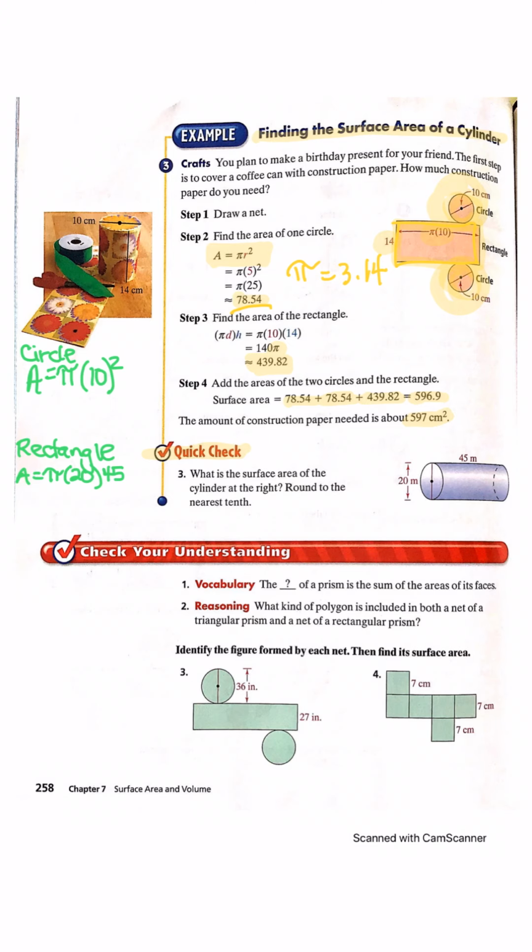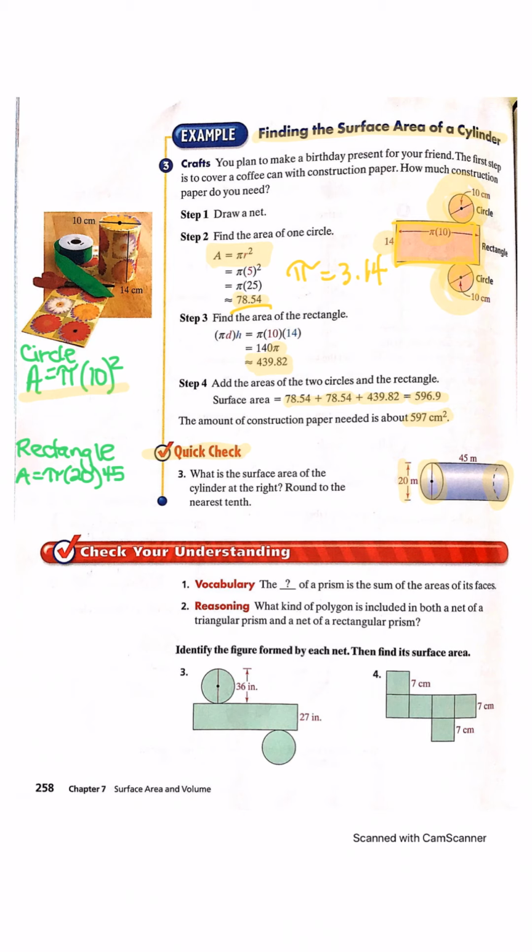So to find the area of the circle, this one and this one, there are 2. We need the radius. This shows the diameter. That's the whole length. The radius is going to be half of that. So half of 20 is 10. So therefore I came up with this right here.